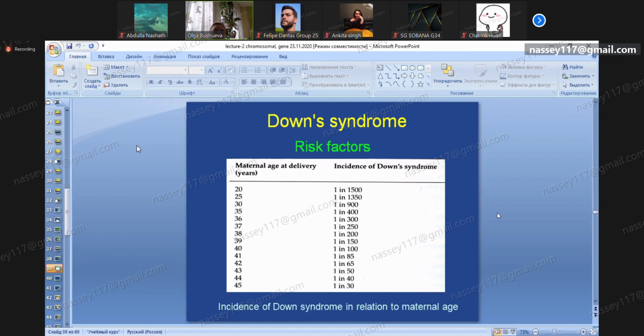But after 35 years old, the risk will be increasing extremely. And we can see that at maternal age of 45 years old, the risk of Down syndrome will be 1 in 30.